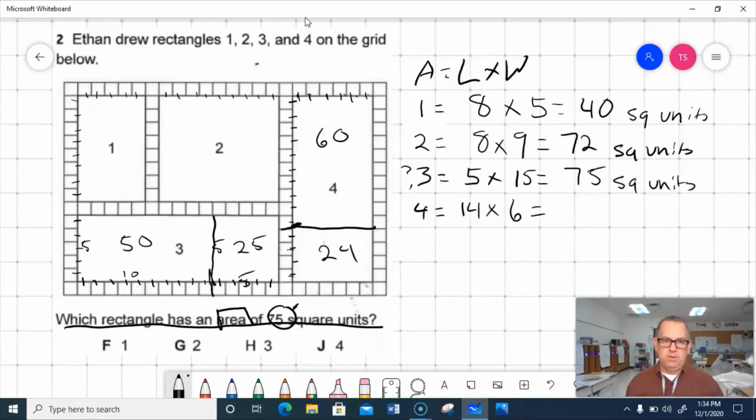All I need to do now is add 60 and 24, and that would be 84. So rectangle 4 is 84 square units. So the rectangle that we're looking for is rectangle 3, which is 75 square units.